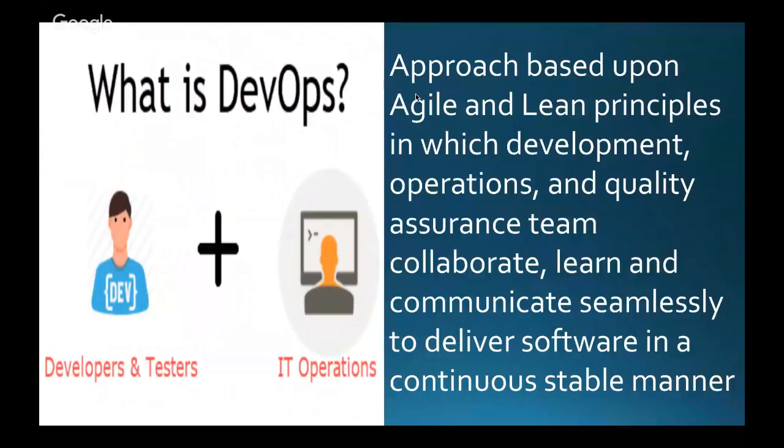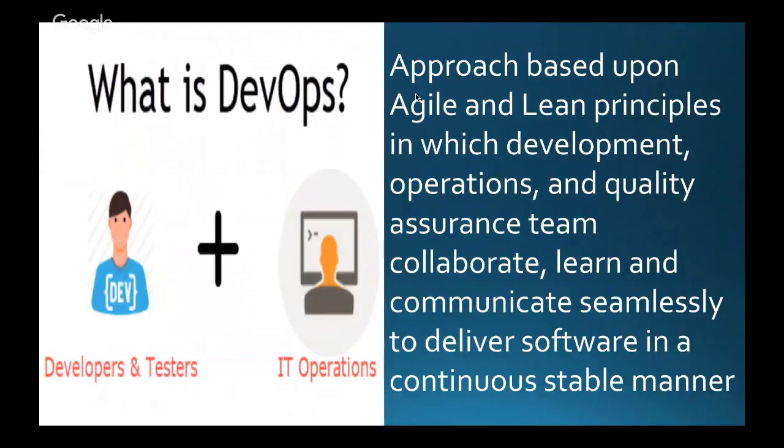So with this, we come to the main question with which we started our webinar. What is DevOps? So what do you think? DevOps is made up of two things: developers and IT operations, right? Which is very evident and very clear.